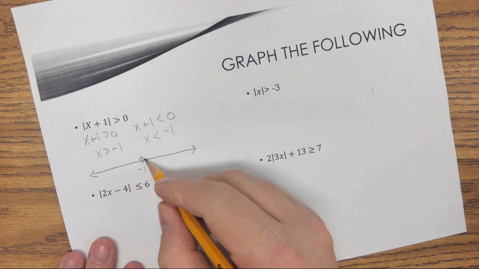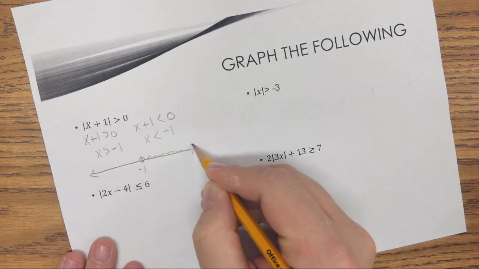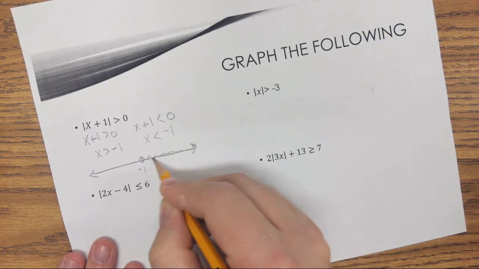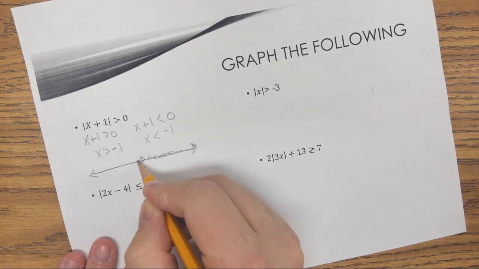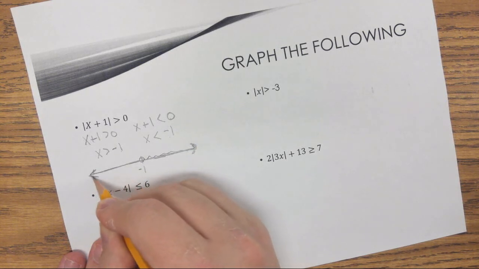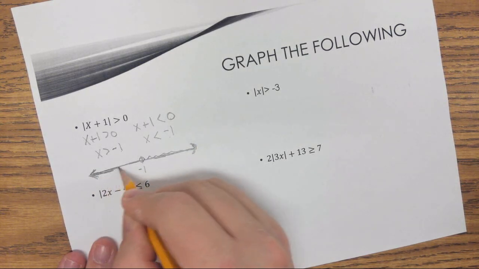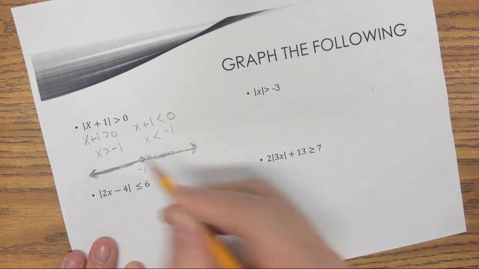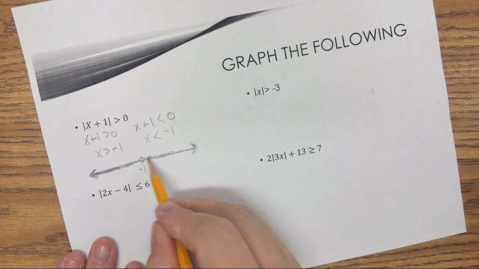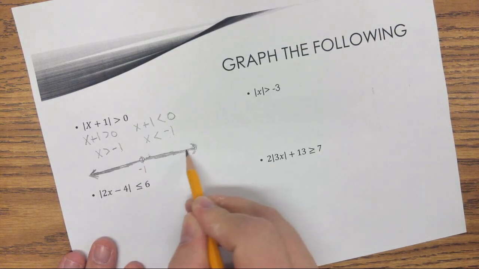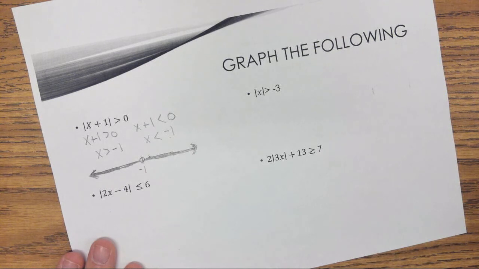I'm going greater than negative 1, so this way. So it's all these. And less than negative 1, I'm going this way. So there's my graph and my solution. There we go.